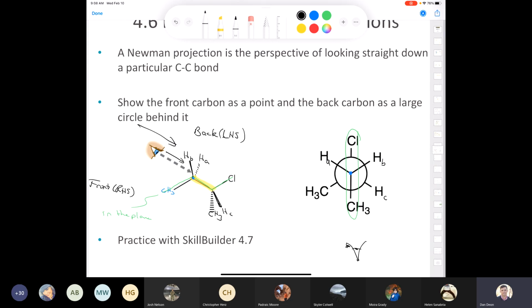Now, sometimes it's helpful to do all manner of things. I'll see students literally picking up pieces of paper and turning them on edge and things like that. If that's what you've got to do to rationalize it in your mind, do it. You do whatever you can to be able to draw a Newman projection properly.